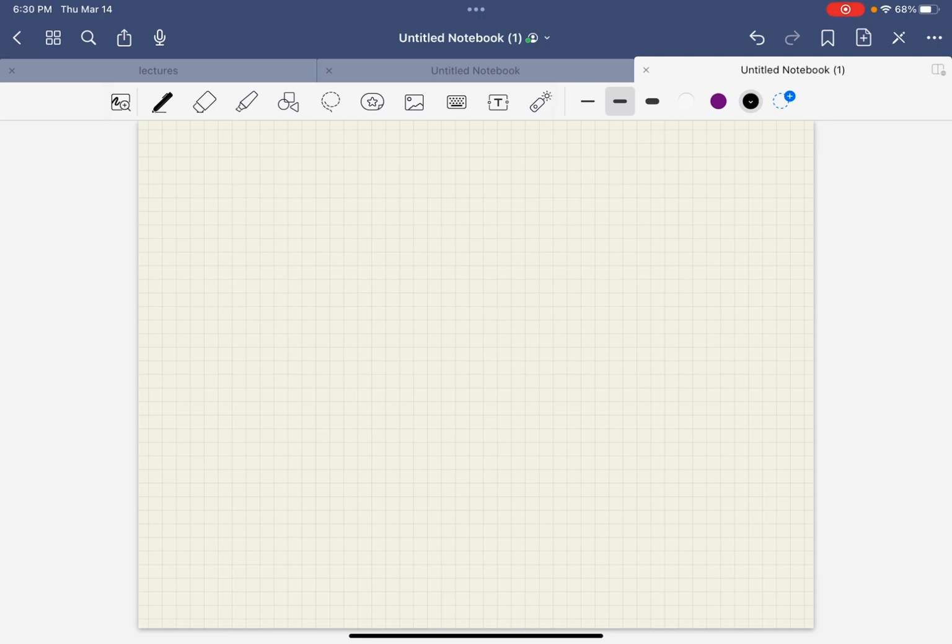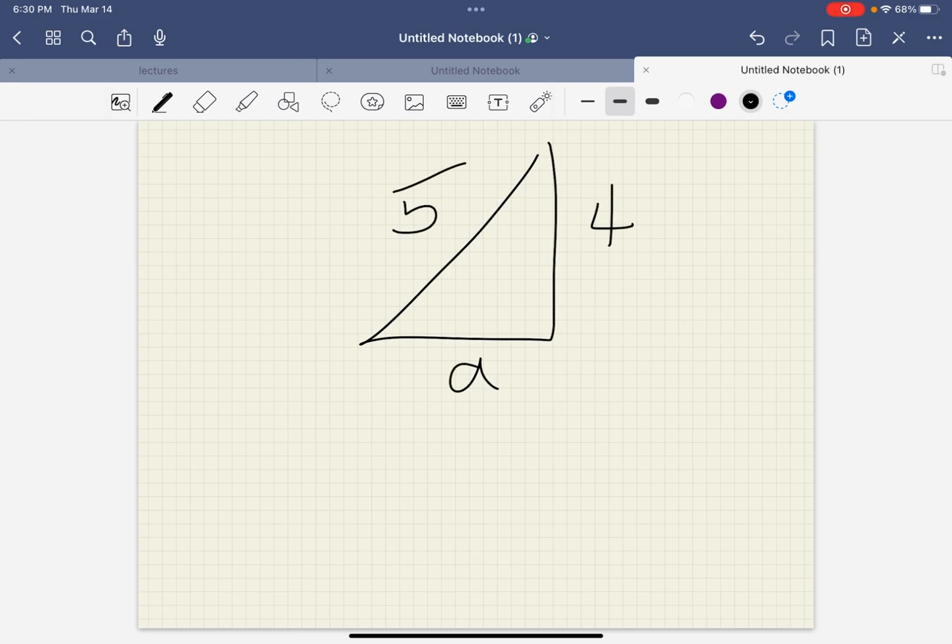All right, so example 1 says to find A. 5, 4, A, right angle. Okay, so the first thing that we have to do, most important thing, is to identify which one is the hypotenuse. Remember, the hypotenuse is directly across from the right angle.